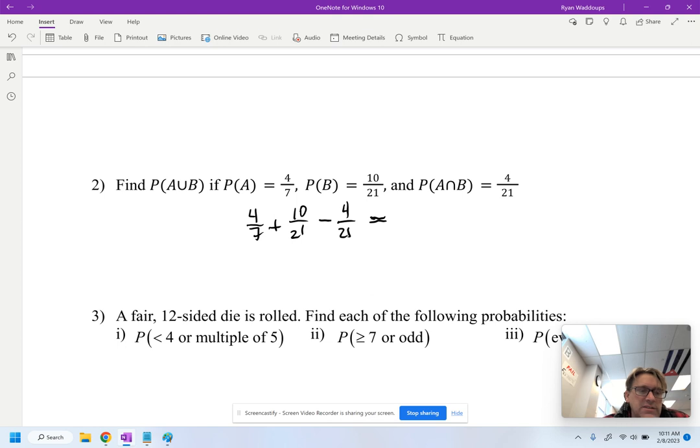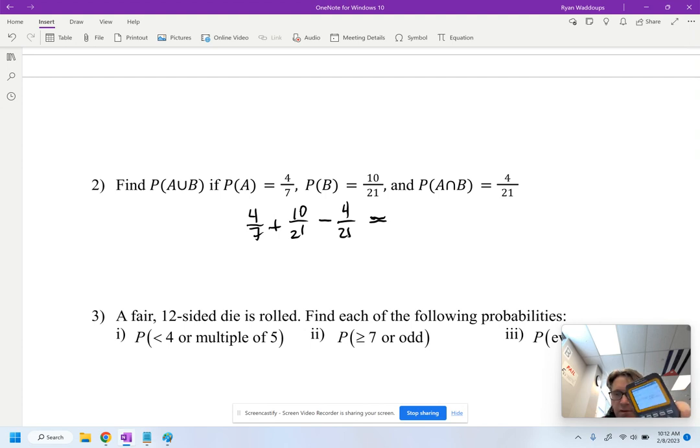So 4 divided by 7 plus 10 divided by 21 minus 4 divided by 21. And I hit enter, and it gives me a decimal.